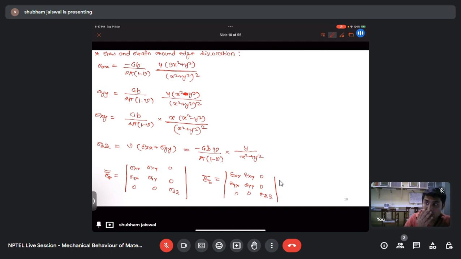So here you can make a quick observation, that this tensor is the inverse of the stress tensor that we have derived for the screw dislocation.